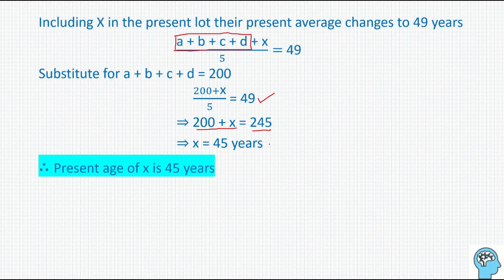And x is 45 years old. So the present age of x is 45 years. Okay. I have explained the whole problem in the previous slide, and this is the step-by-step solution. Just go through this again if you want.